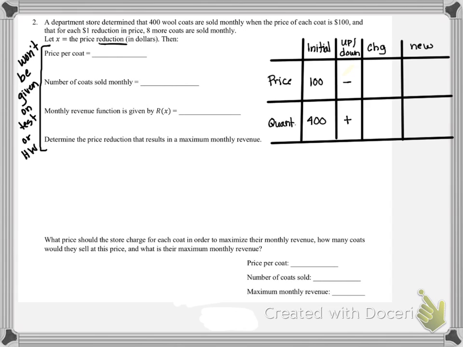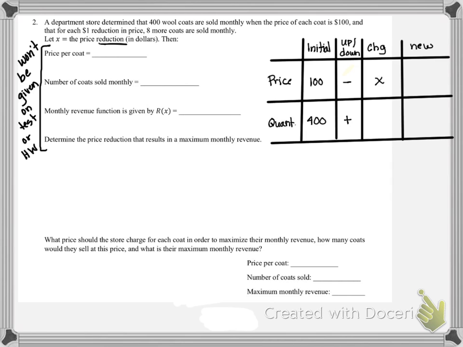So what are we calling the price reduction here? Look for the words price reduction. X. Yes, X is the price reduction in dollars. So price reduction is the number of dollars that I lowered the price by.